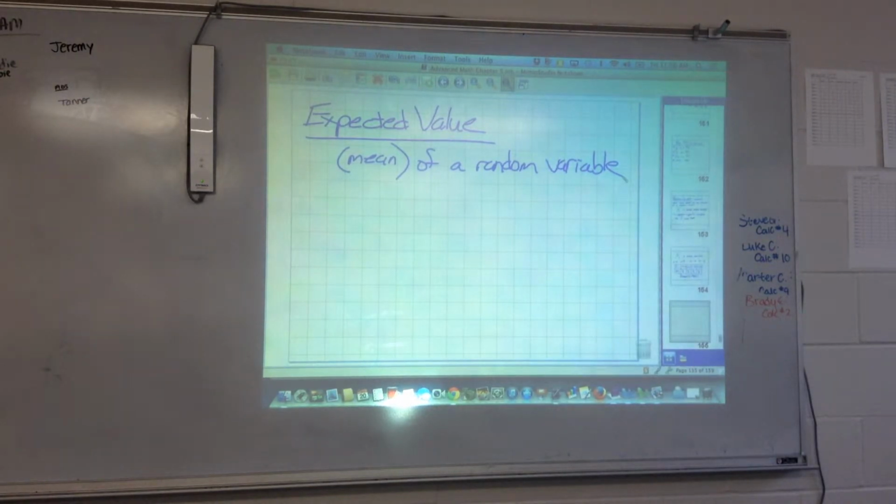You're going to be finding the expected value, or on average, what should happen. On average, what should the outcome be?